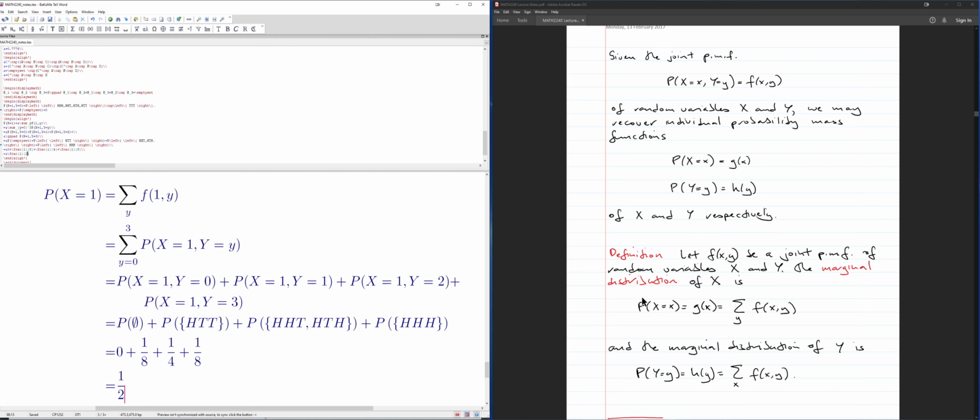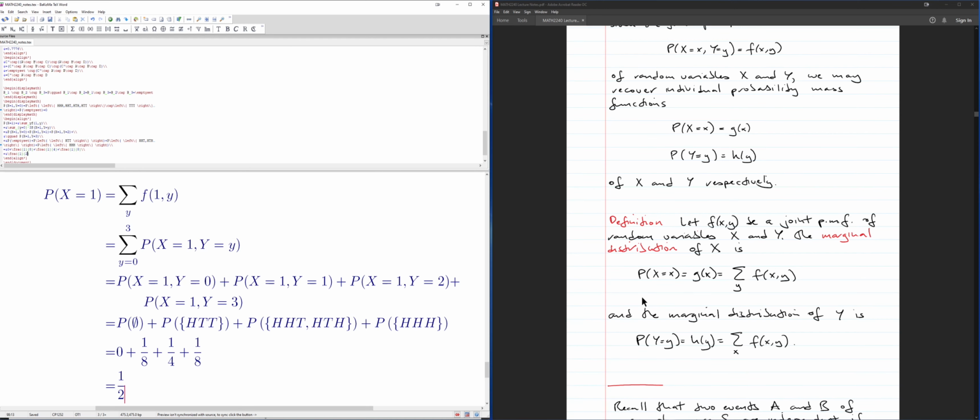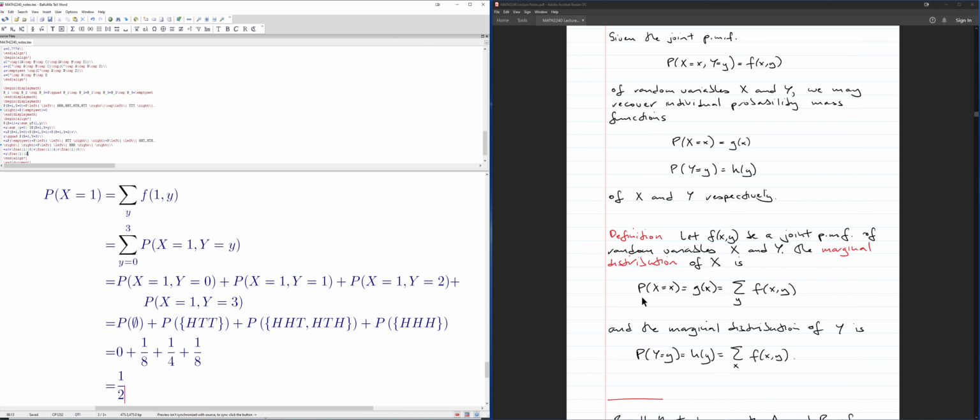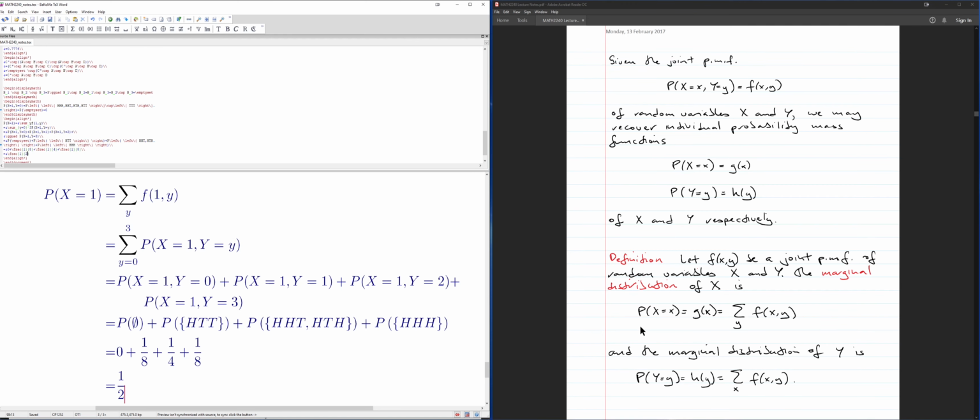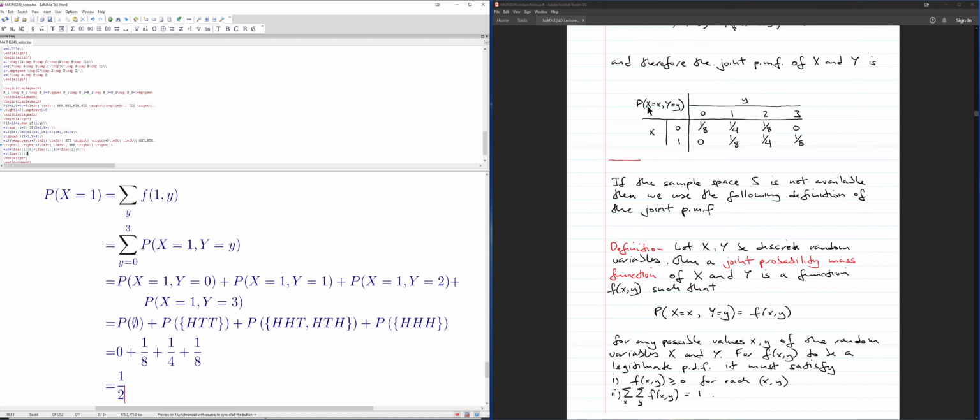If you want to work out probabilities for a marginal distribution of y, this is how you do it. So remember, in the case of x over here, if I wanted probability x is equal to 1, what I did is I added probabilities along the row here.